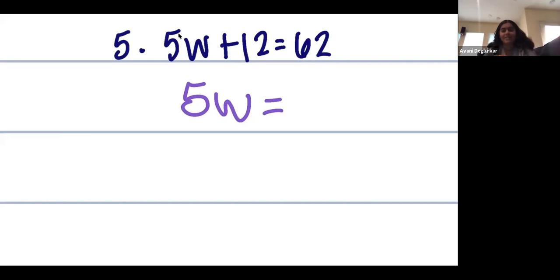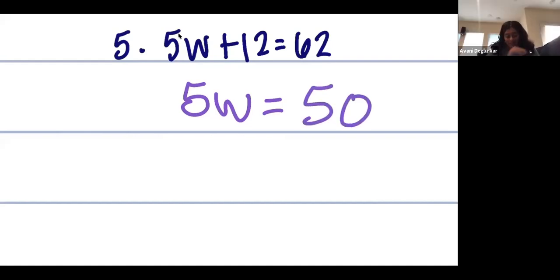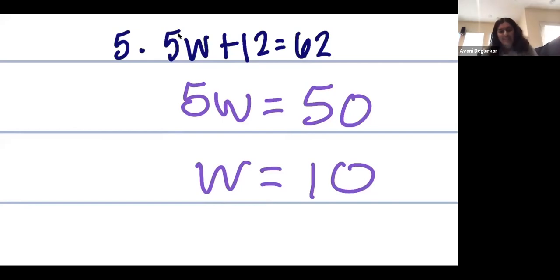Close. If you subtract 12 from each side, 62 minus 12 would be 50, if I'm not mistaken. Oh, yeah, it is. Okay, yeah, 50. And then if you divide both sides by 5, W equals 10. Correct process, just a little bit of simple math error, which is totally fine.